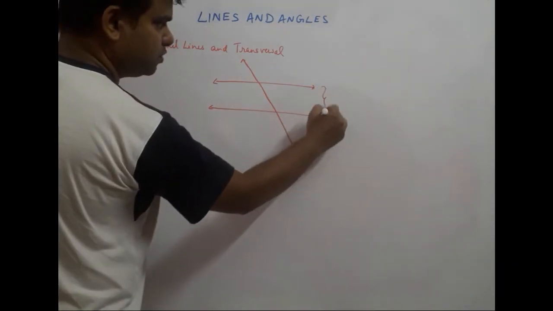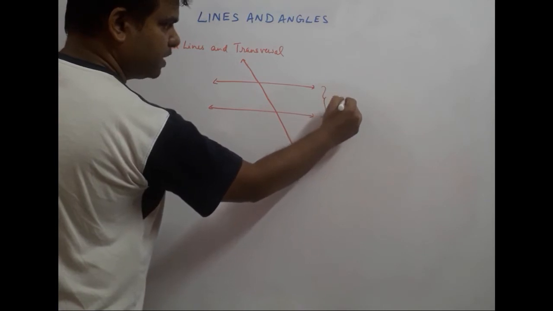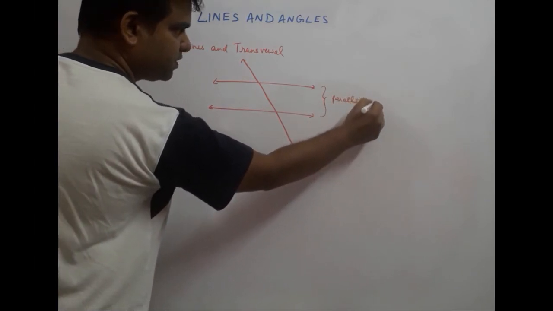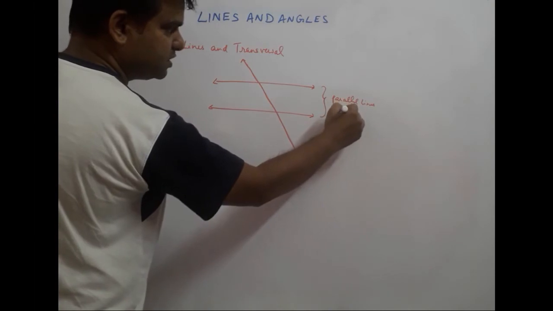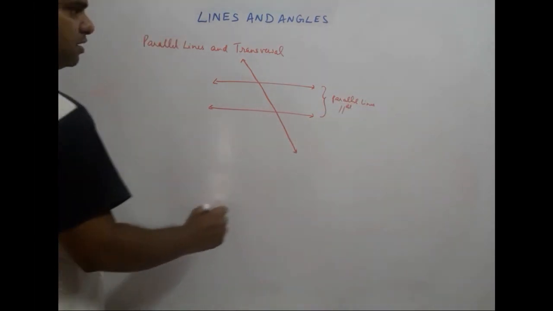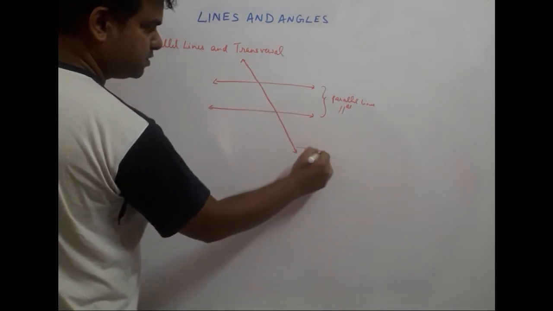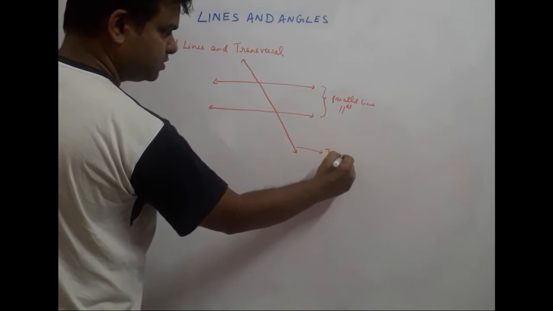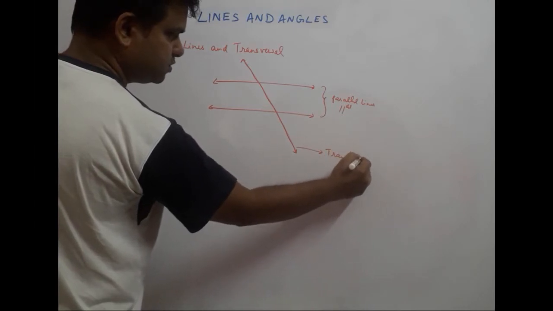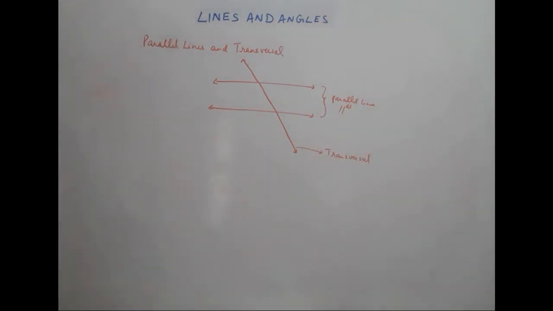So these two are called parallel lines, and we usually write this with the symbol parallel, and this particular line is known as a transversal. Got it?